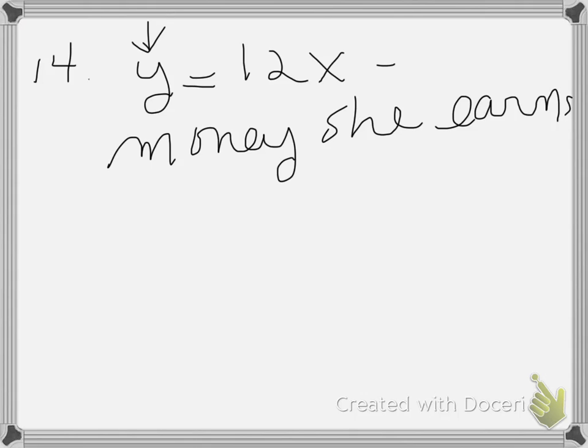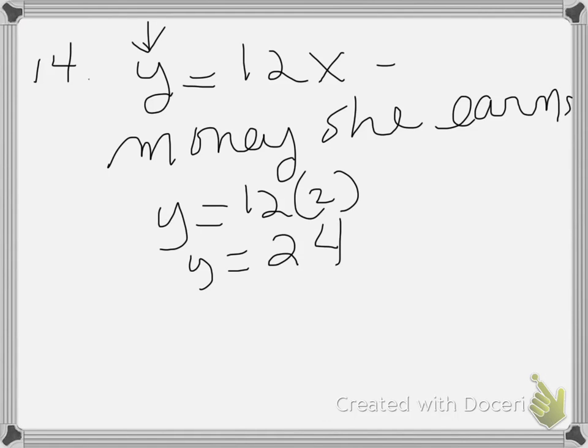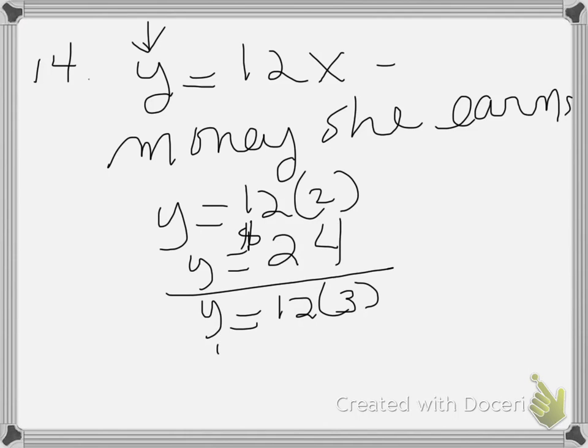So if she worked 2 hours, y equals 12 times 2, so she would have earned $24. If she worked 3 hours, y equals 12 times 3, and that would equal $36.